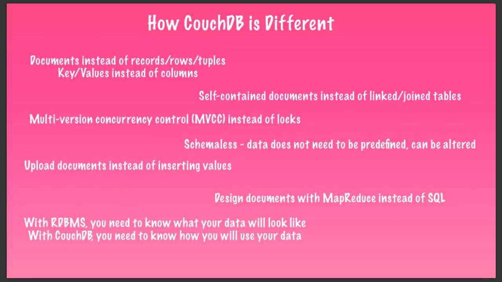Now with Mango, there is a little extra flexibility, but otherwise, the queries that you plan on with your database, you sort of need to have thought of in advance. And of course, it's also worth noting that relational databases have been around a long time, and they're ubiquitous. NoSQL databases are still relatively new. CouchDB's been around for a decade or so.